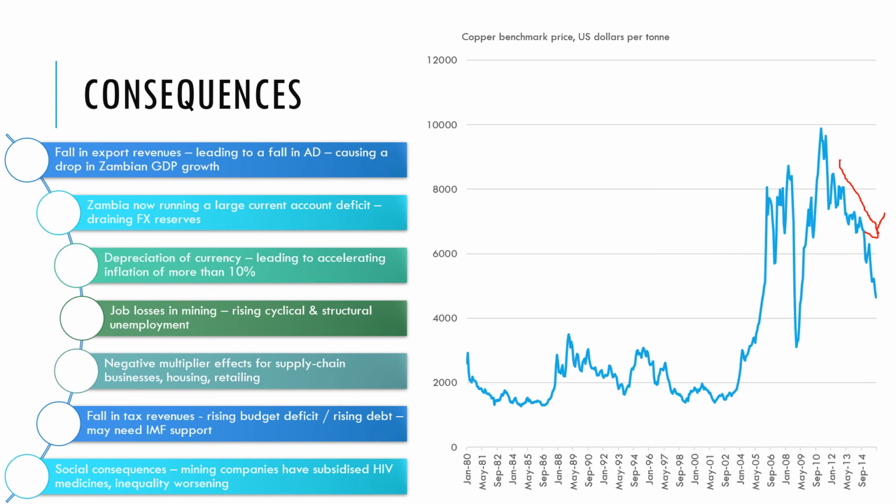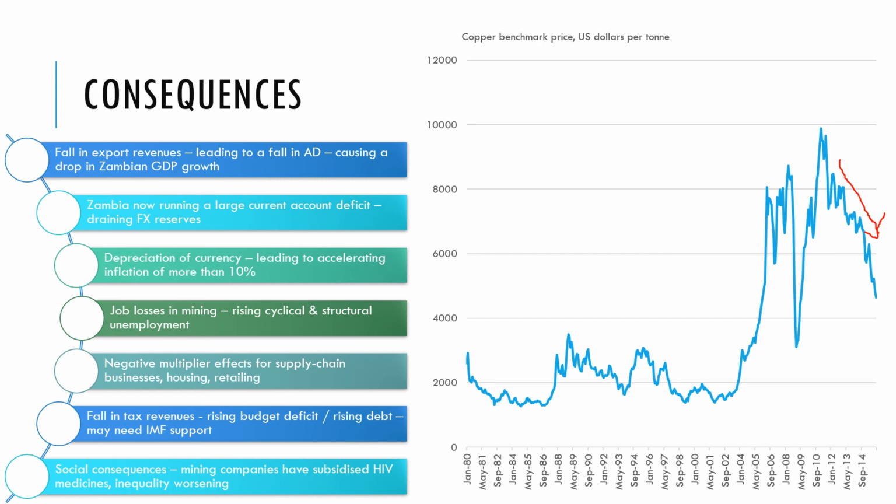Number three, as less people demand our currency, there's a depreciation of the currency, which may lead to cost-push inflation. We might see job losses in the mining sector. There may be a negative multiplier effect for other areas of the economy. The government is likely to experience a fall in tax revenues as the major copper mining companies reduce their profits.